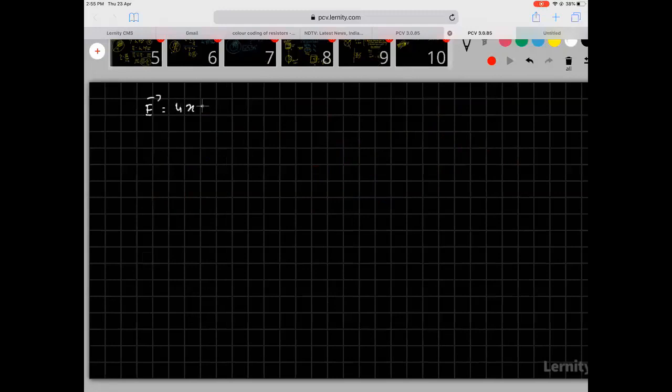E is equal to 4x i cap minus y squared plus 1 j cap. Okay. Then I do the electric field. This is the x-axis. This is the z-axis. This is the y-axis. And we drew the cube.